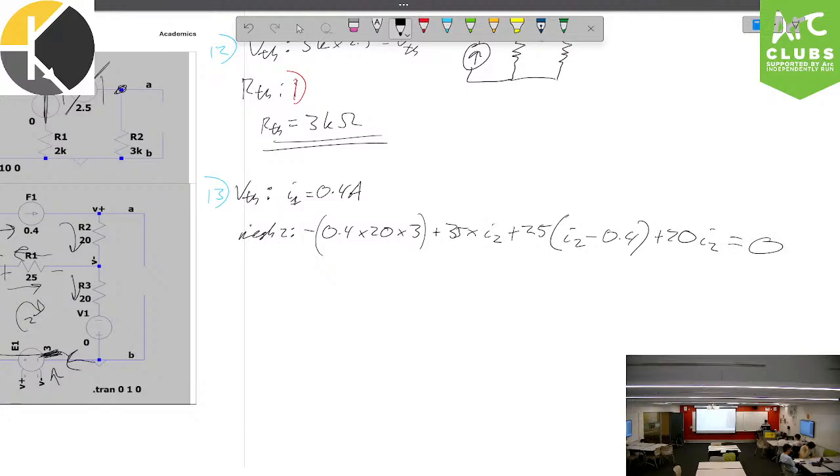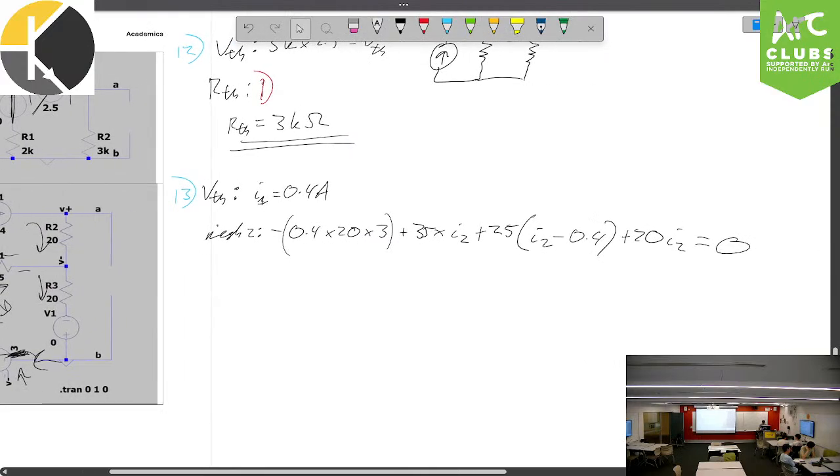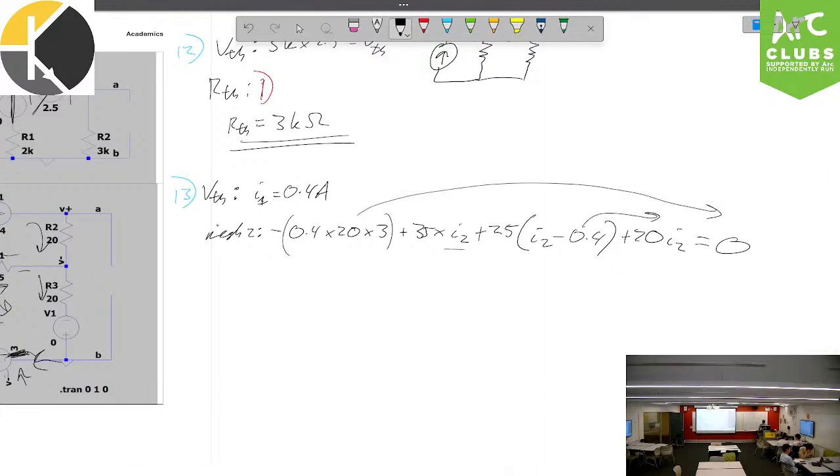Good stuff. All right, let's simplify. We chuck these full numbers over to the right-hand side, same with this one, and we group up everything in terms of I2. So I2 with a 35, a 25, and a 20 is going to equal 5 times 3.